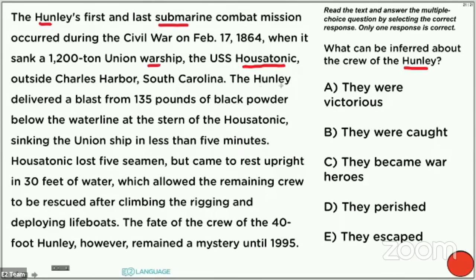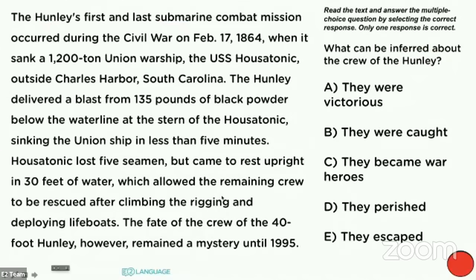So the Hunley delivered a blast, the Housatonic sank, and the Housatonic lost 5 crew members, but the remaining crew members were rescued. Now, was that the remaining crew members of the Hunley or the Housatonic? In fact, it was the Housatonic, but we're interested in the crew members from the Hunley.